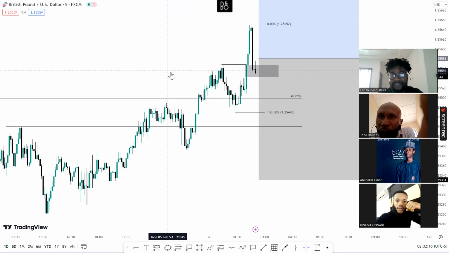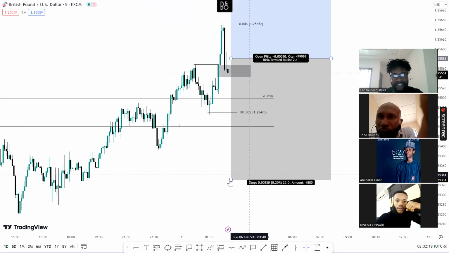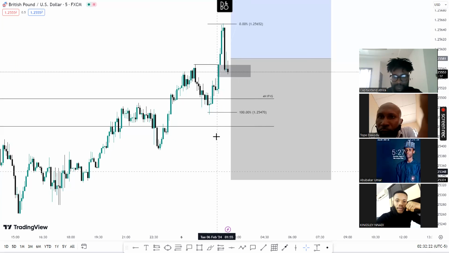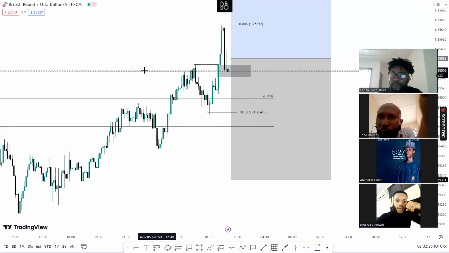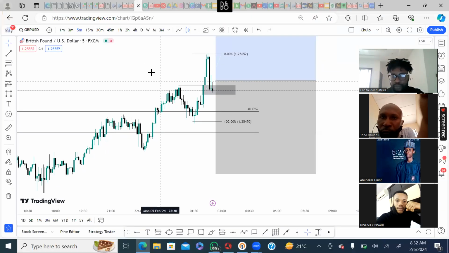Well, you never can tell until price hits our stop loss. That is when we know that yes, we've taken a loss. But right now, we can't do anything. We're already on the trade. We just have to wait and see how the trade is going to play out.